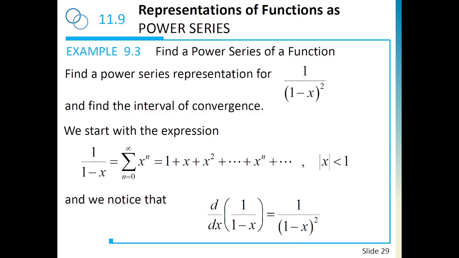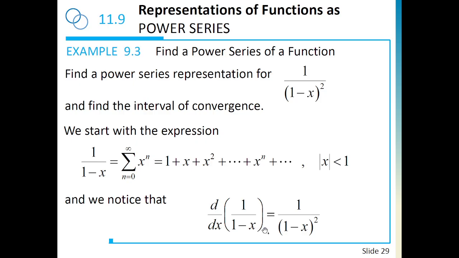Now, another trick that we have is integration and differentiation. So let's say we want to find the power series representation of this expression. Well, we again always start with our geometric series, which is convergent on the interval negative 1, 1, and this is the sum. What we realize is if we differentiate this expression here, we get this, because the derivative of this is negative 1 times (1 minus x) to power negative 2 times the derivative of the inside, which is negative 1.